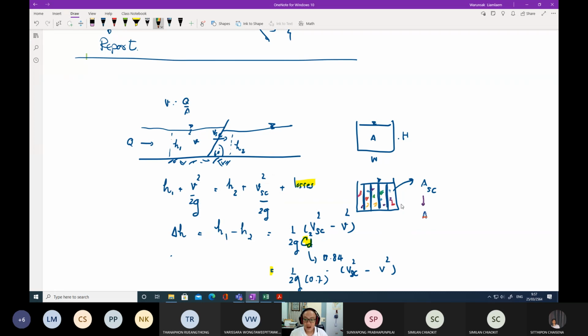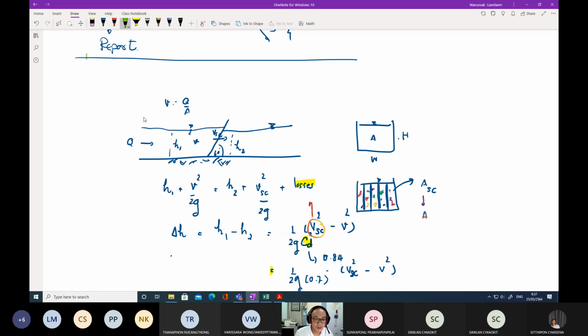If it gets clogged, the velocity through the screens will also increase. If the velocity increases, the water level difference will increase accordingly. So after operating for some time, the water levels in front of and behind the screens will show some more difference.